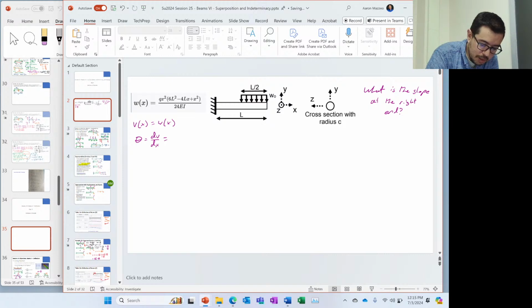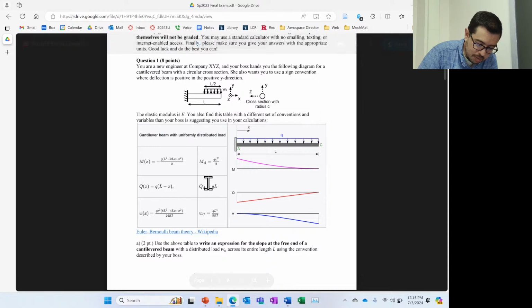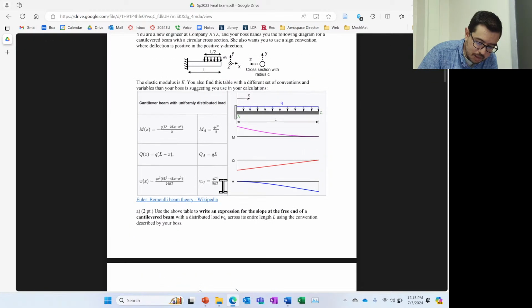It's a little bit tedious, and maybe I was a little bit cruel, but there's not really a better way to do it if you're going to use the table, because this is moment, this is shear force, and this is the displacement.